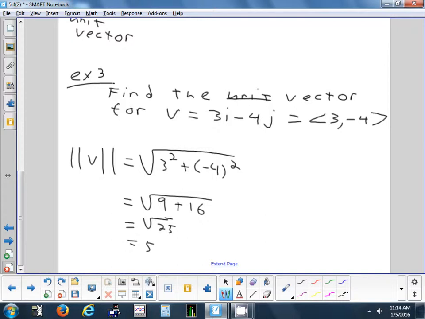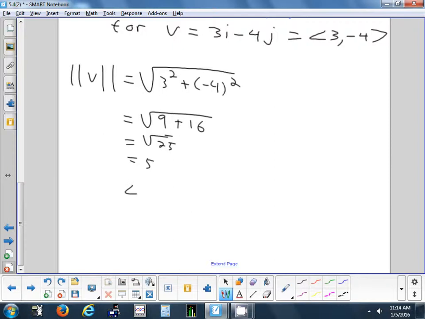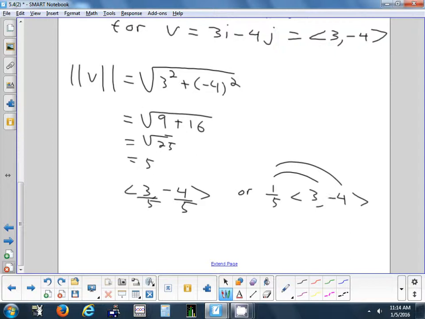Divide by 5. Yeah, you could just take this vector and divide each component by 5, or the way some of you were saying it before, scale it by 1/5. You distribute out the 1/5, it's exactly the same thing. 3/5, -4/5. That's our answer.